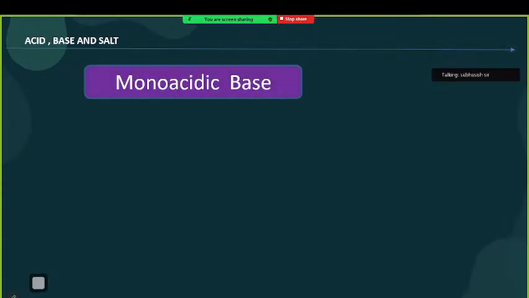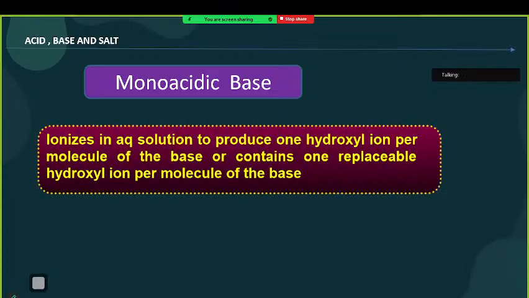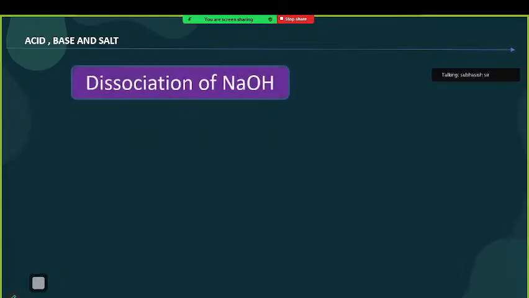Now, in the case of bases, there is the monoacidic base. Monoacidic base means it gives only one OH minus. It ionizes in aqueous solution and produces one hydroxyl ion per molecule of the base. Like sodium hydroxide and potassium hydroxide, these are known as monoacidic bases.